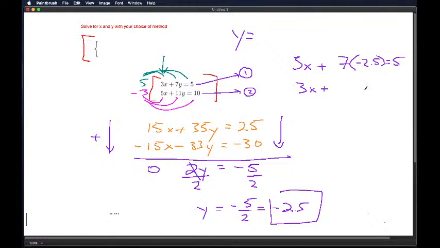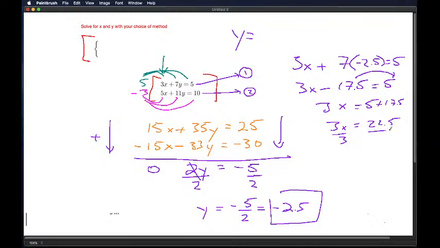So I'll take away this plus sign because it's going to be minus 17.5 is equal to 5. Put that on the other side. 3x is equal to 5 plus 17.5. 3x is equal to 22.5.